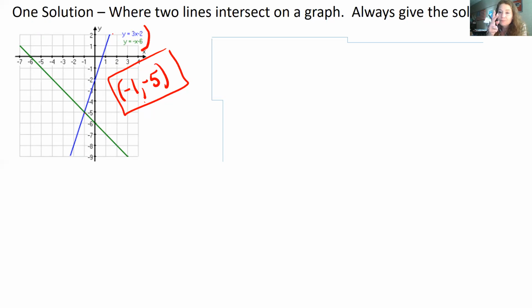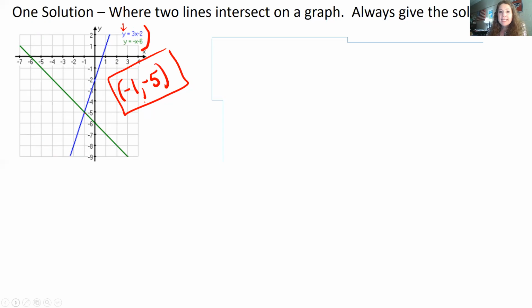We only got 1. So that's why they didn't intersect at that point I gave you originally, but they do intersect at -1, -5. So if I plugged in -5 right here, and then I multiplied 3 times -1, I get -3 minus 2, which is -5. Both of them would be true if I use that solution.